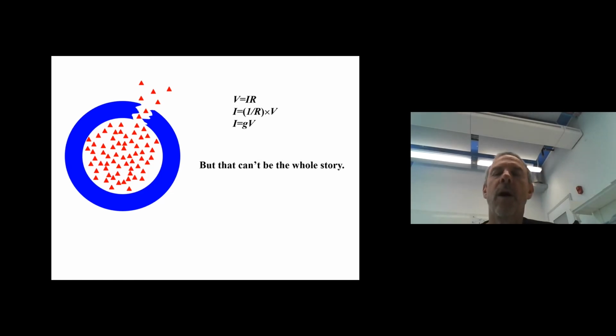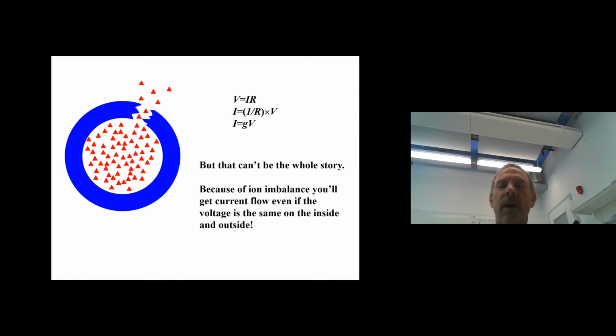And this is clearly wrong. And the reason it's wrong is because there's an ion imbalance. You have ion pumps that will put a lot of one kind of ion on the inside and not much on the outside. And just from diffusion, that's going to cause a current. So we can easily fix that. We just cross that off and replace it by G times (V minus E).